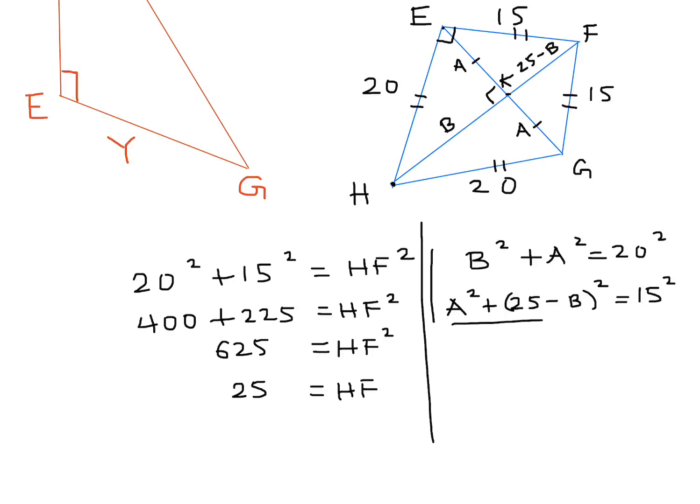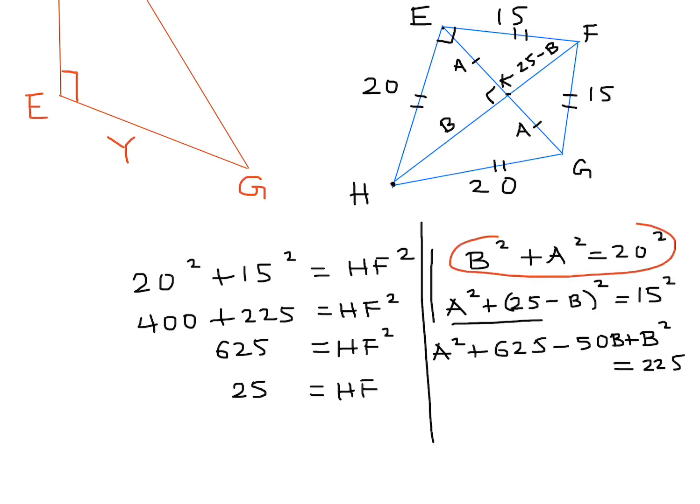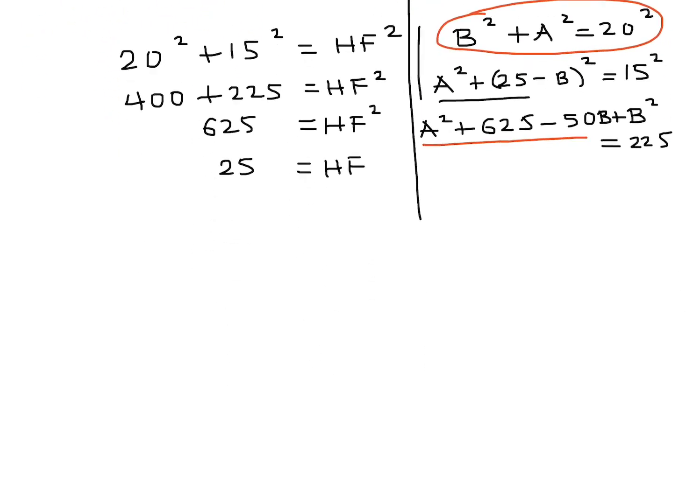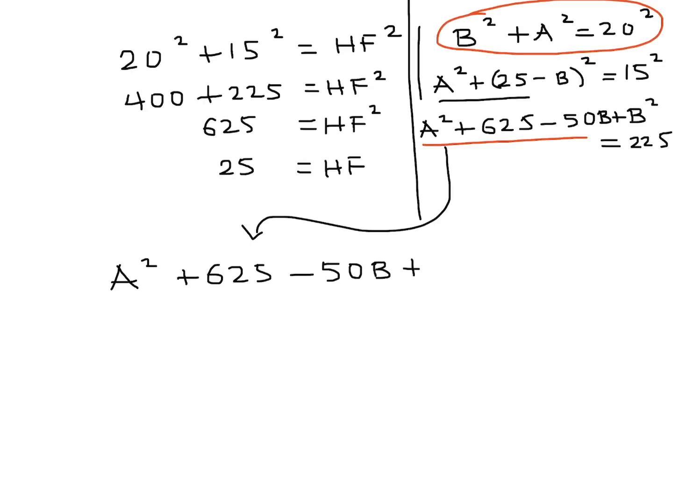So let's expand this one here. We got A squared plus 625 minus 50B plus B squared is equal to 225. And therefore, if we take this equation and substitute it into this one, you'll notice that we can solve for this. This equation basically gave us A squared plus 625 minus 50B plus B squared is equal to 225.